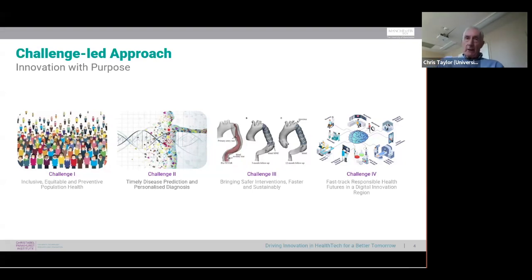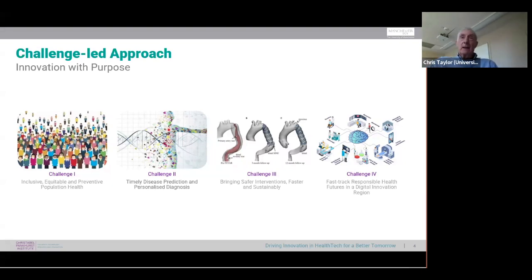The third one is around bringing interventions faster and sustainably. So this maybe does require a little bit of explanation. This is about running trials in silico. This is about looking at the safety of devices. I think the illustration here is a stent, without actually having to put anything into patients.